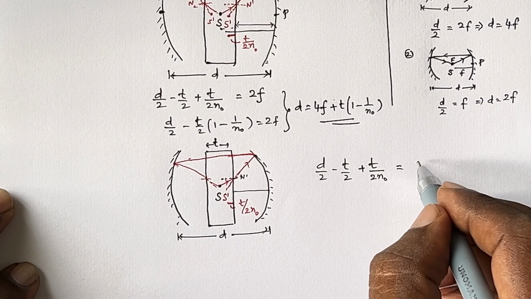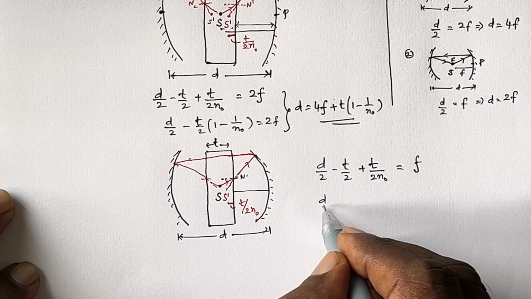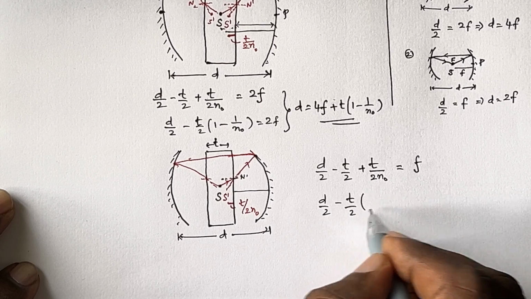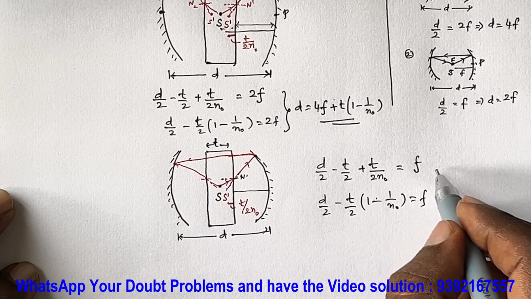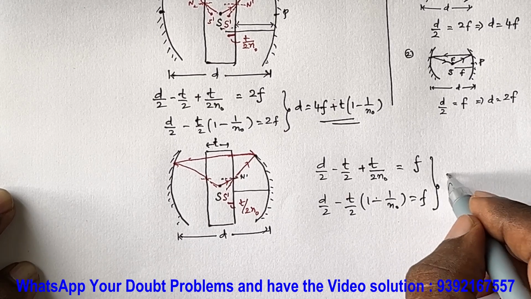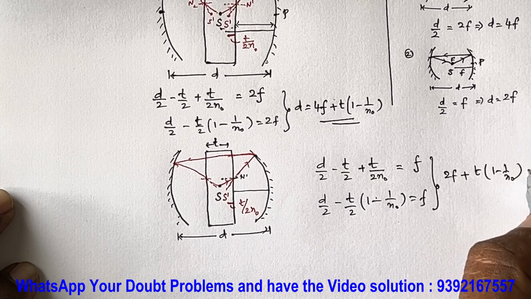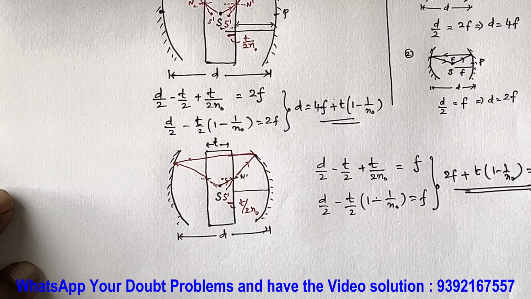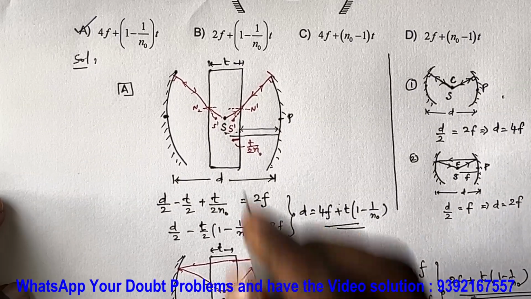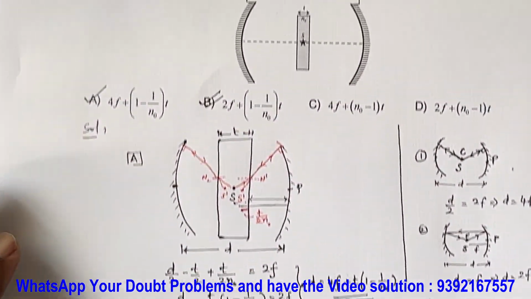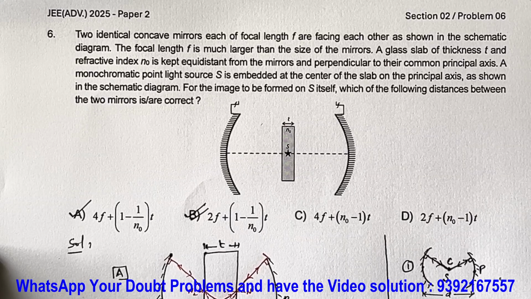This is equal to the focal length. Then d by 2 common, T by 2 common, 1 minus 1 by n naught is equal to f. So from this, d is equal to 2f plus T into 1 minus 1 by n naught. So this answer comes, so option B also correct. So for question number 6, options A and B both are correct.